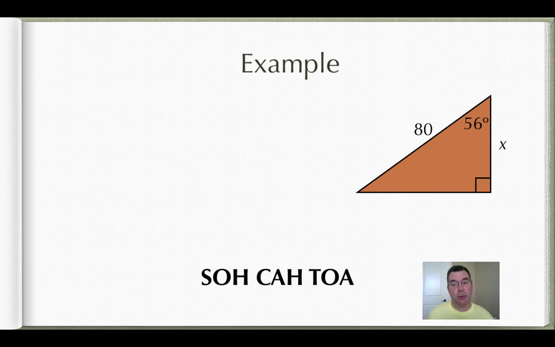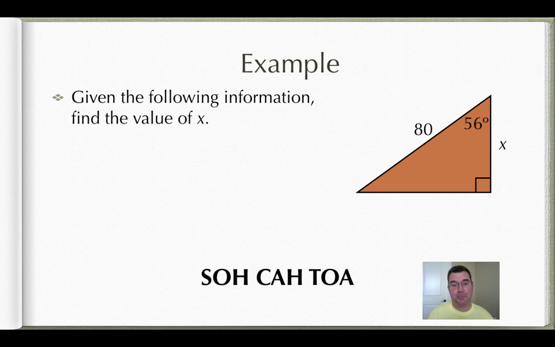So I need to use the ratio that uses the adjacent and the hypotenuse. Remembering SOHCAHTOA, I'm looking for the triple that has A for adjacent and H for hypotenuse, since that's the two sides I've been given, the two sides I'm working with. And that is cosine. So the cosine of my angle theta is always the adjacent over the hypotenuse.